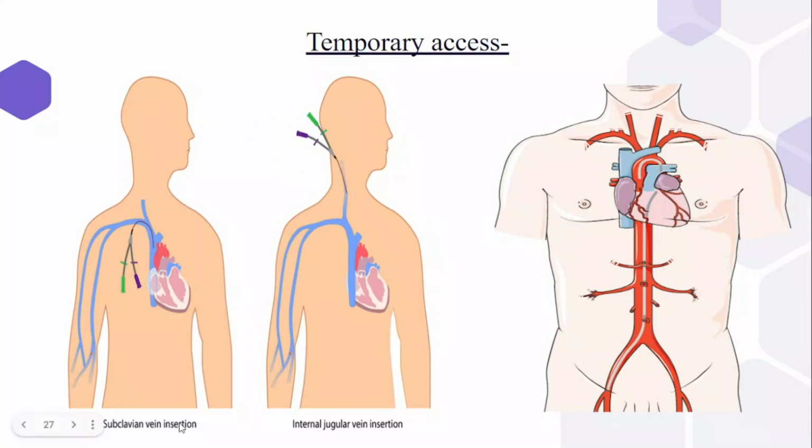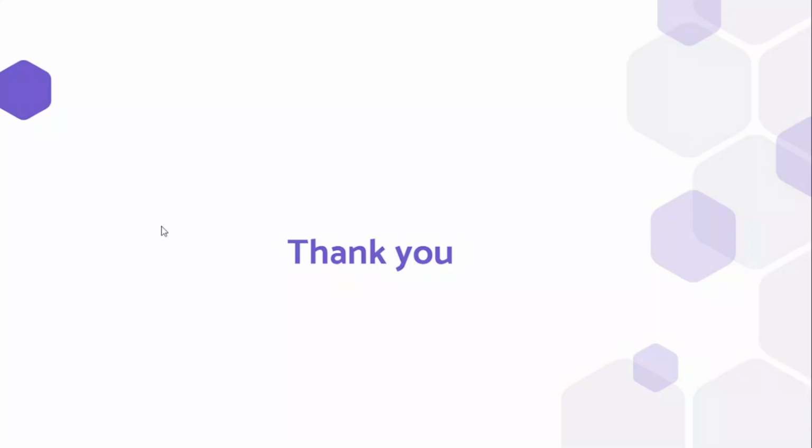And for subclavian vein insertion, you insert your catheter into the patient's subclavian vein, right? And this is the temporary access for blood vascular access for dialysis patients. Clear? Thank you.